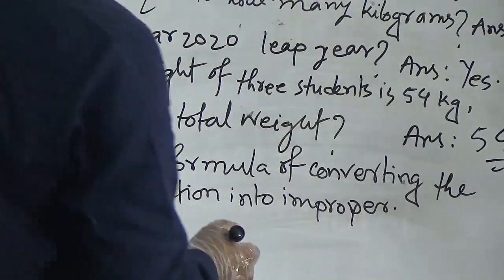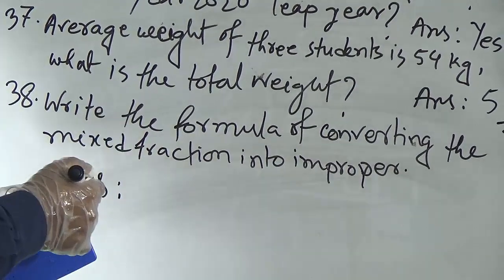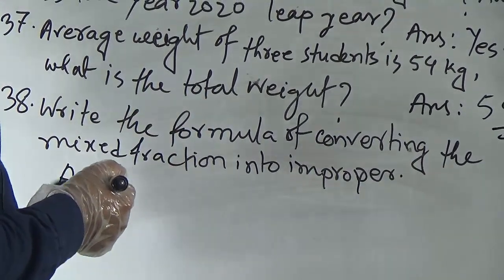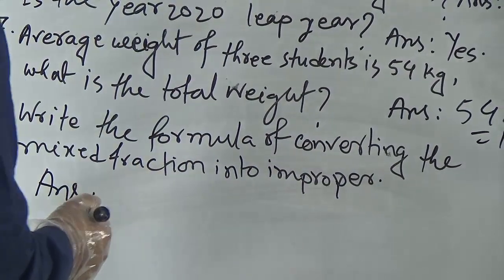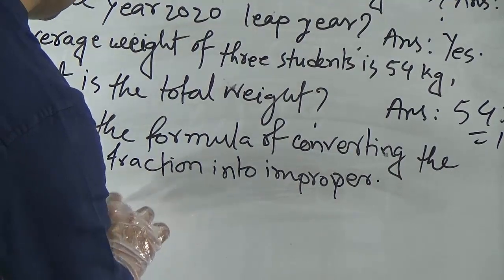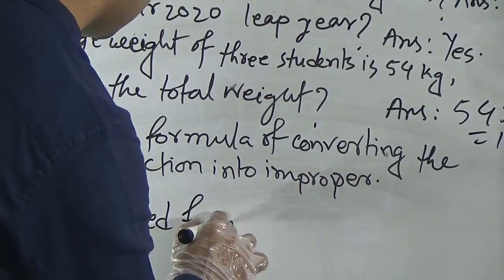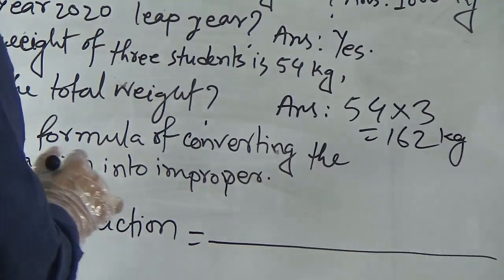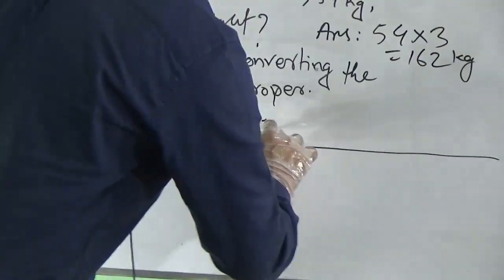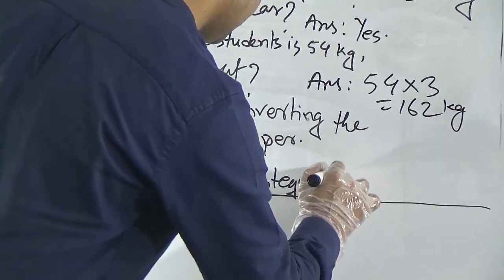Now the next question, 38. Write the formula of converting a mixed fraction into improper. The formula is: mixed fraction equals, we have to multiply the integer part by the denominator.